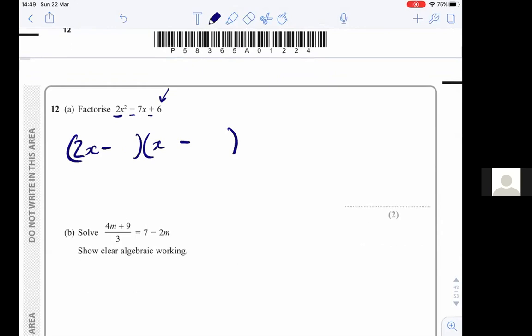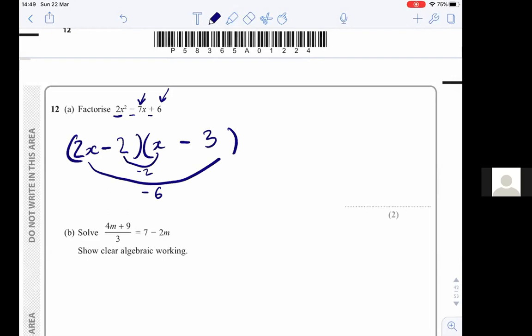Now, 6 and 1 isn't going to work out. It will give me a much too big value in the middle when we crab claw it out or FOIL it out. But if I think 2 times 3 gives me 6, and 1 times 2, that would give me minus 6, and this would give me minus 2.